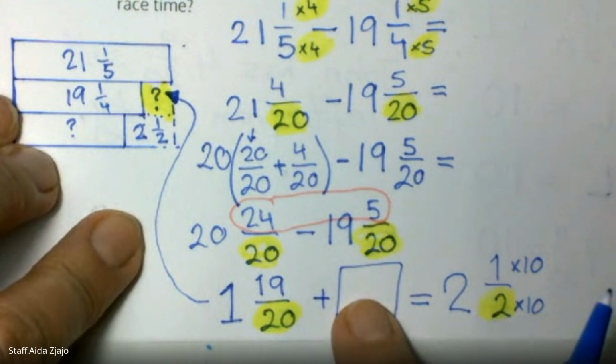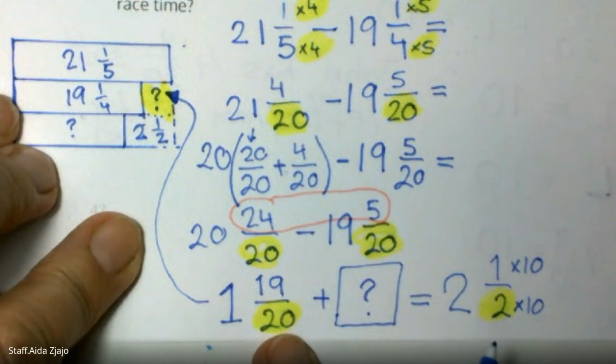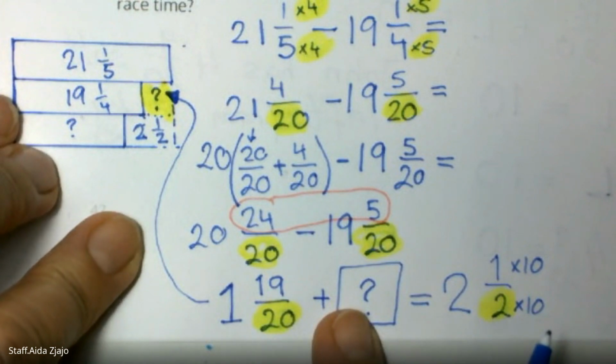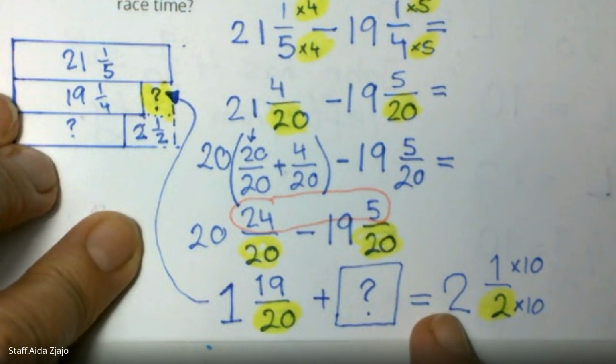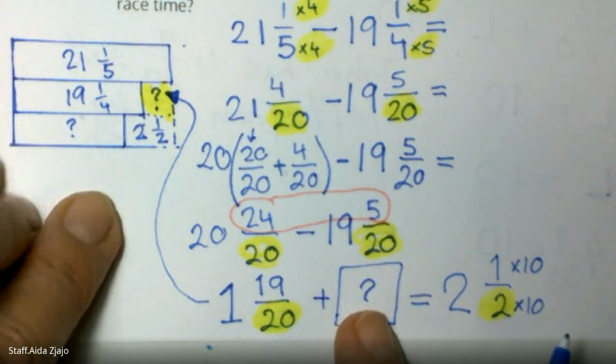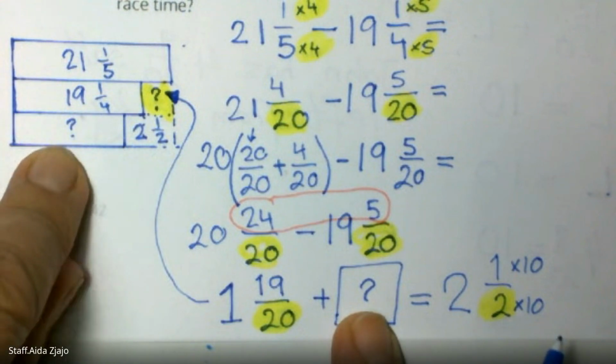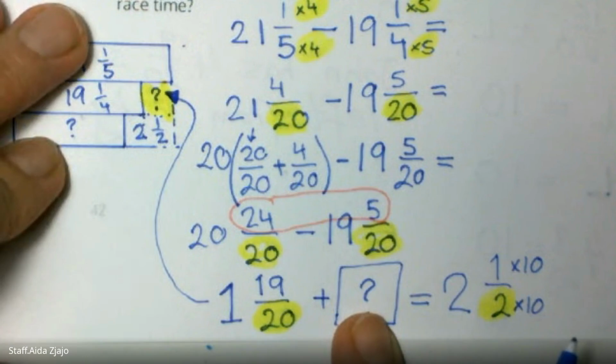I'm looking for the unknown number: 1 and 19/20 plus what must equal 2 and 10/20. Thinking about that, we'll figure out how much more he needs to lower his time to reach his goal for 5K.